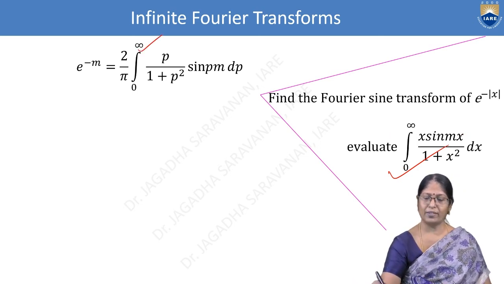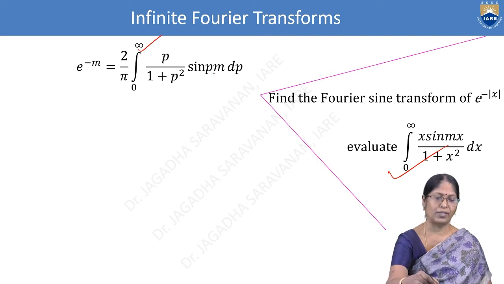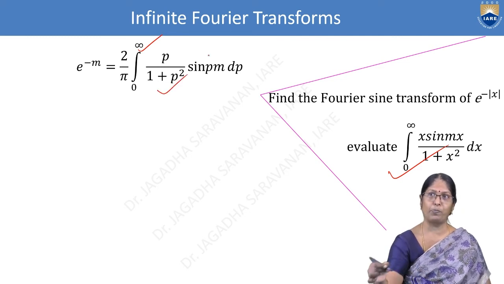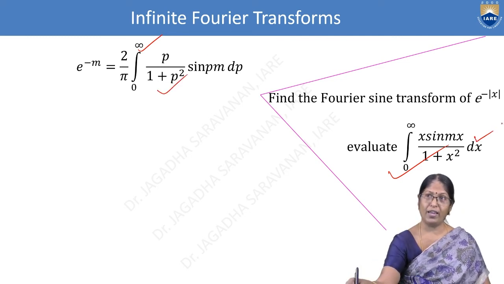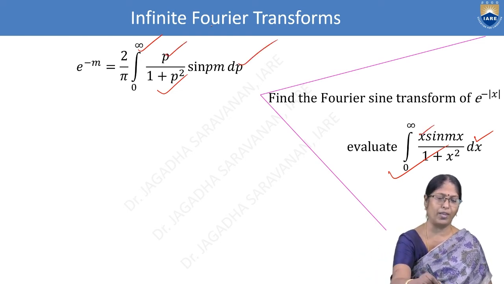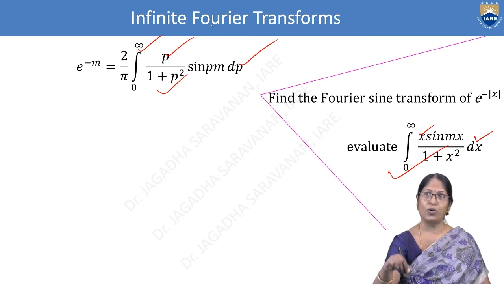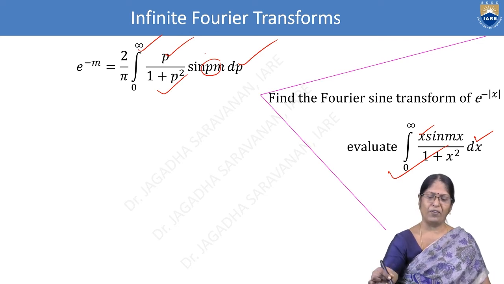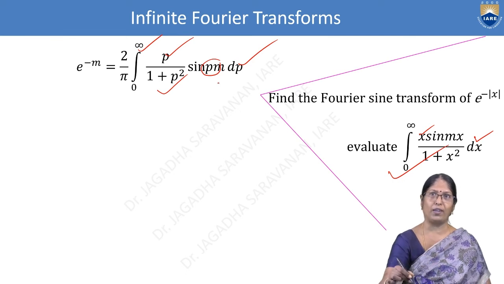Sine mx we want, but sine mp is there. We want 1 plus x square, but here 1 plus p square is there. We want dx, but here dp is there. Here x we want, but p is there. We want mx, but here mp is there. So everywhere we want x, but everywhere we have p.